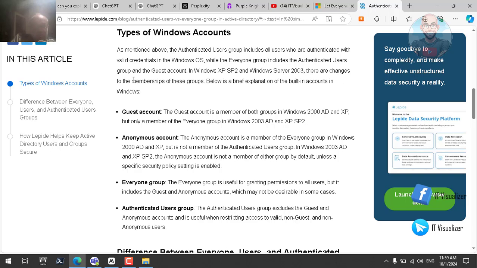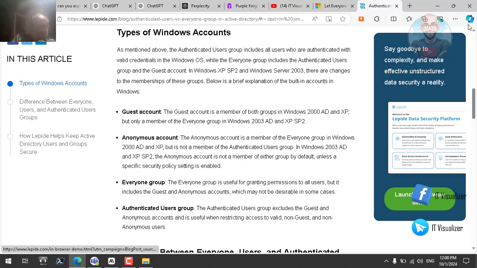So there are changes in the membership of these groups. Below is a brief explanation of built-in accounts in Windows. The guest account, the anonymous account, is a member of the Everyone group, not the authenticated group. The anonymous account is not a member of either group unless a specific setting is applied. The Everyone group is useful for granting permissions to all users, but includes the guest and anonymous accounts, which may not be desirable in some cases.